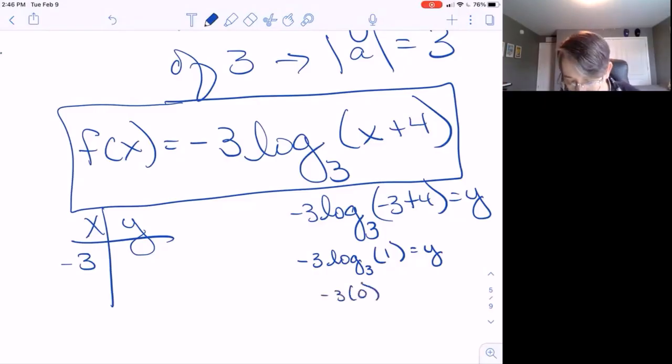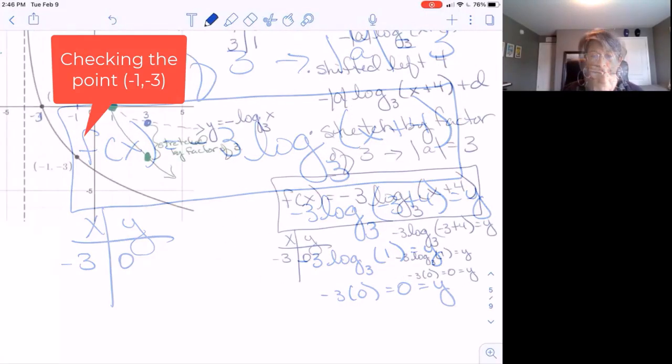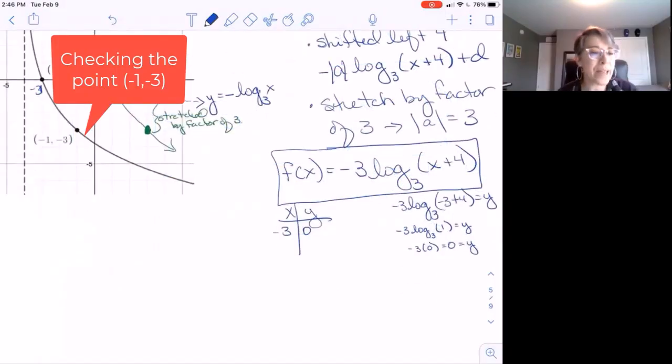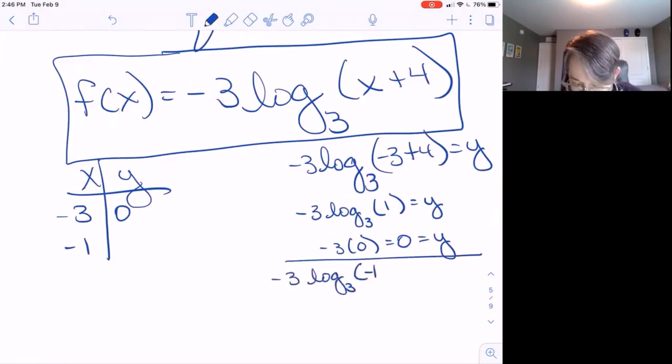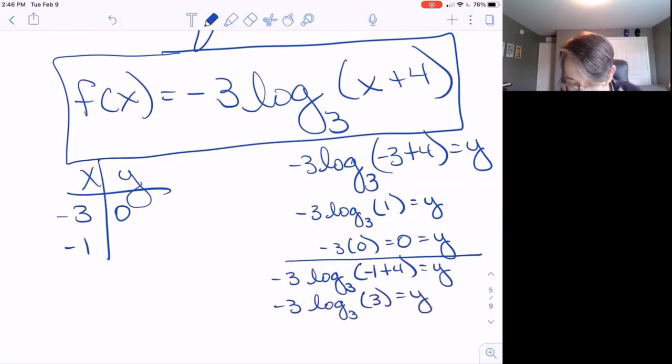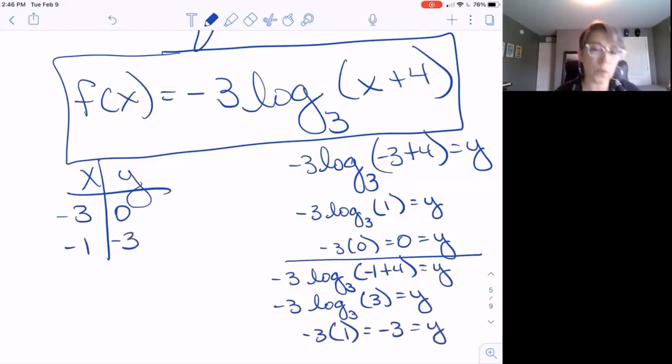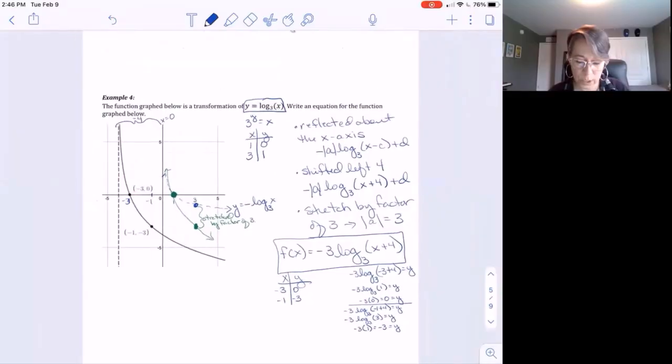So -3 times 0 gives us a y value of 0, which is one of the original points. The other original point is (-1, -3). So let's plug in a -1 for x, which gives us -3 log base 3 of 3 equals y. So log base 3 of 3 is a 1. So -3 times 1 is -3 for our y, which is the second point that was given. The equation that we came up with works.